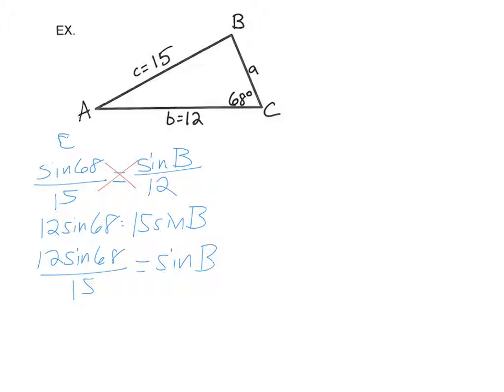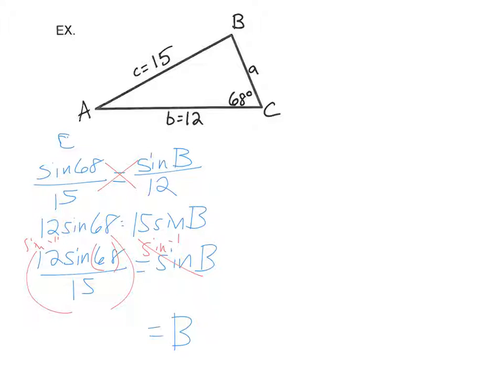Now, if you remember the little quick lesson about inverses, if I want to get an angle by itself and I need to get rid of sine, I do inverse sine on both sides. So all of that fraction would be in parentheses, and then the 68 would be in parentheses, so be careful about all of that.